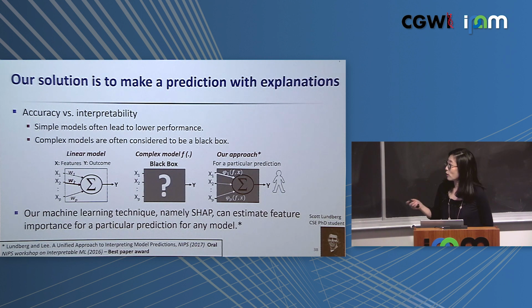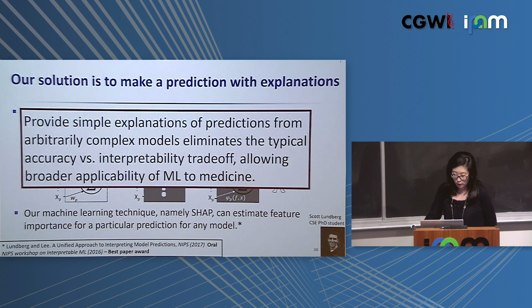You focus on just one sample and estimate the importance of each of these features, phi 1 through phi p, and these phi values are explanations for the prediction made. We claim that our ability to provide simple explanations of predictions from arbitrarily complex models eliminates this accuracy and interpretability trade-off, and we believe it allows broader applicability of machine learning models to medicine.